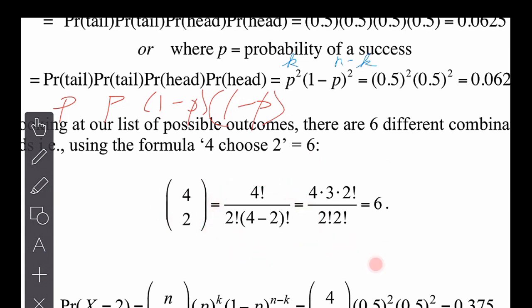I don't expect you to use this, okay? I expect you to compute this with your calculator. I can show you how to do that on your calculator, which is the most important thing.